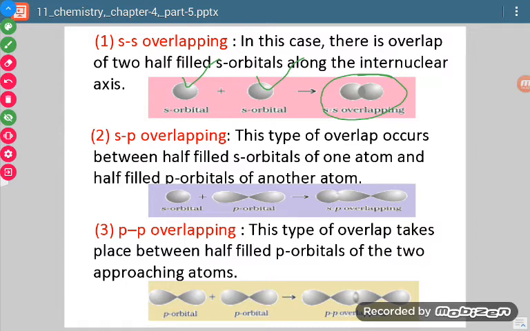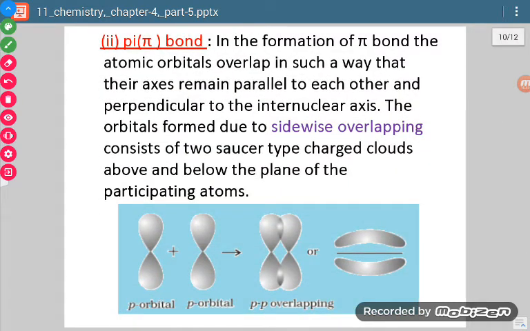Similarly, sp overlapping, this is s orbital, this is p orbital, and this way there is possibility of sp overlapping. Similarly, p orbital and p orbital, they can also undergo head-on collision, and they will result in formation of sigma bond. Okay, so there are three ways in which sigma bond can be formed.